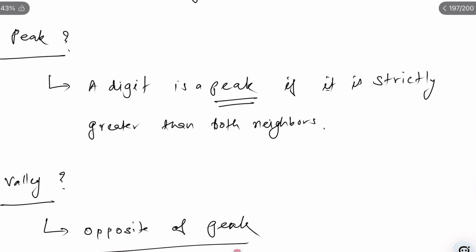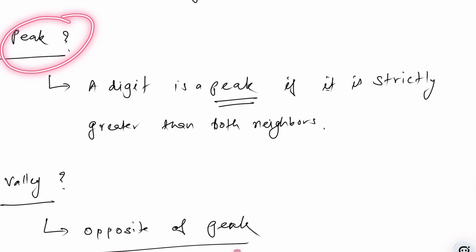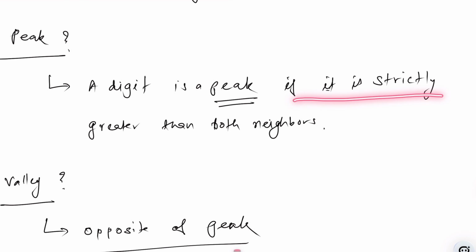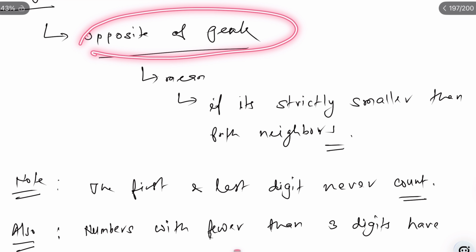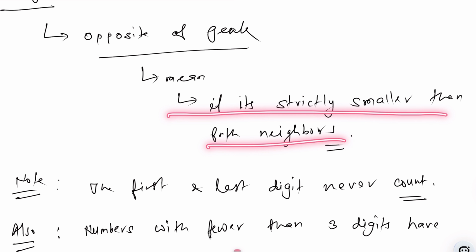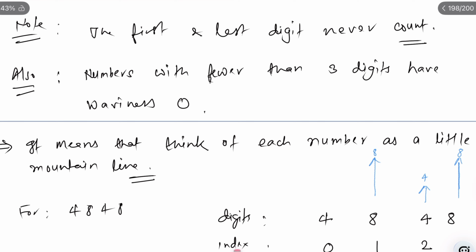A digit is a peak if it's strictly greater than both its neighbors. For a digit, look at the number on its left and the number on its right; if it is bigger than both, it's a peak. Opposite to the peak, if it is strictly smaller than both neighbors, it's a valley.